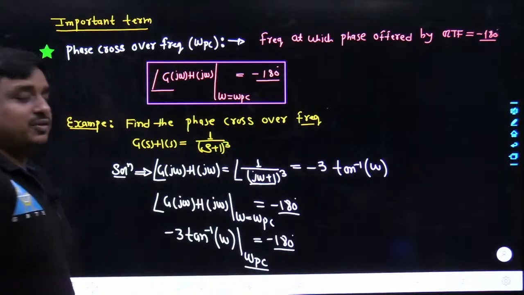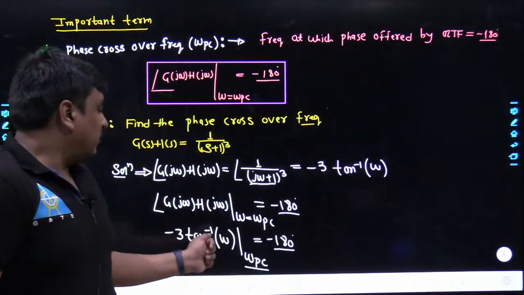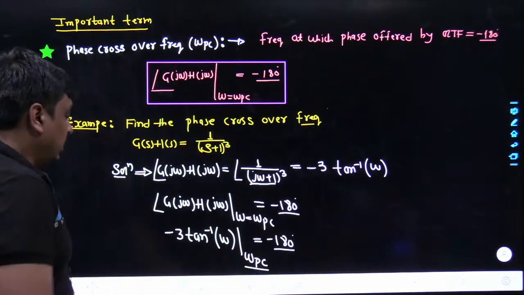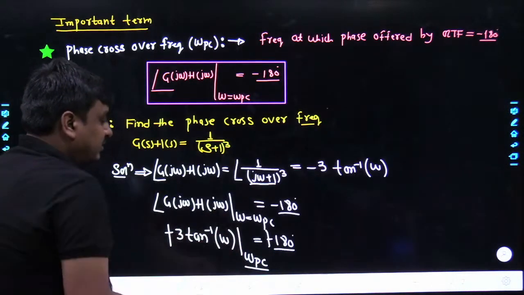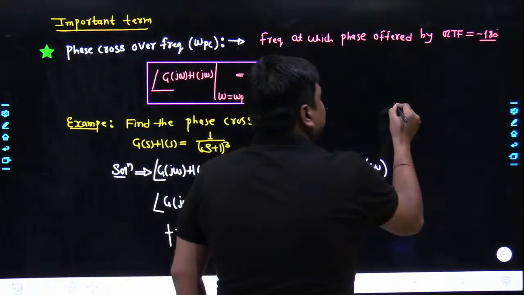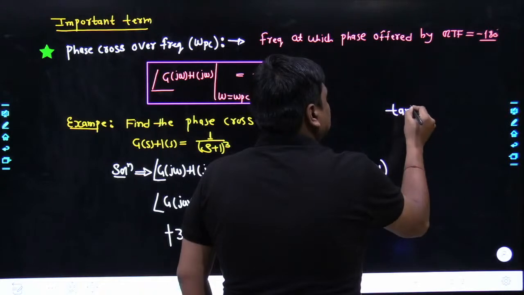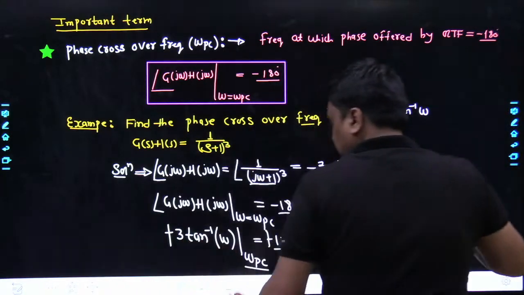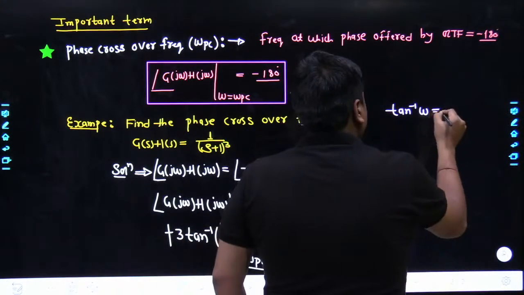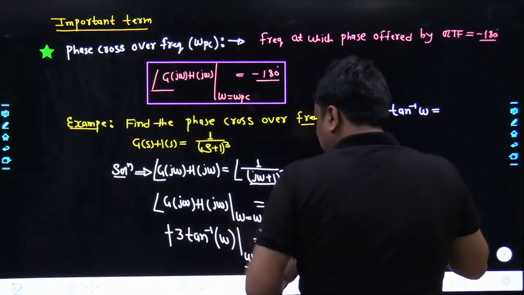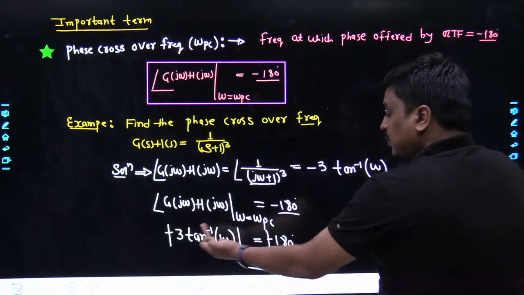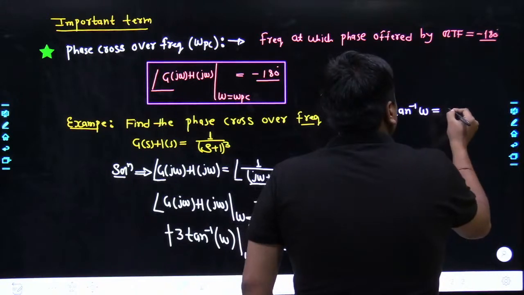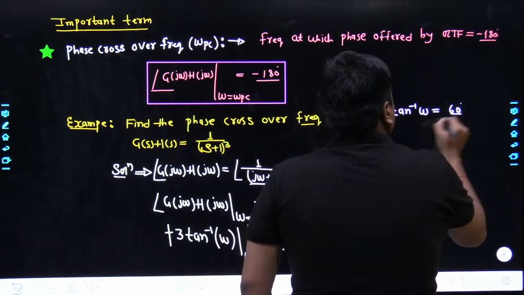May I know exactly how much value of omega PC we are getting? This minus and minus go off, and the 3 would go towards the right hand side. The factor in hand is simply tan inverse of omega equals 180 divided by 3, that's 60. So omega is going to be tan 60.